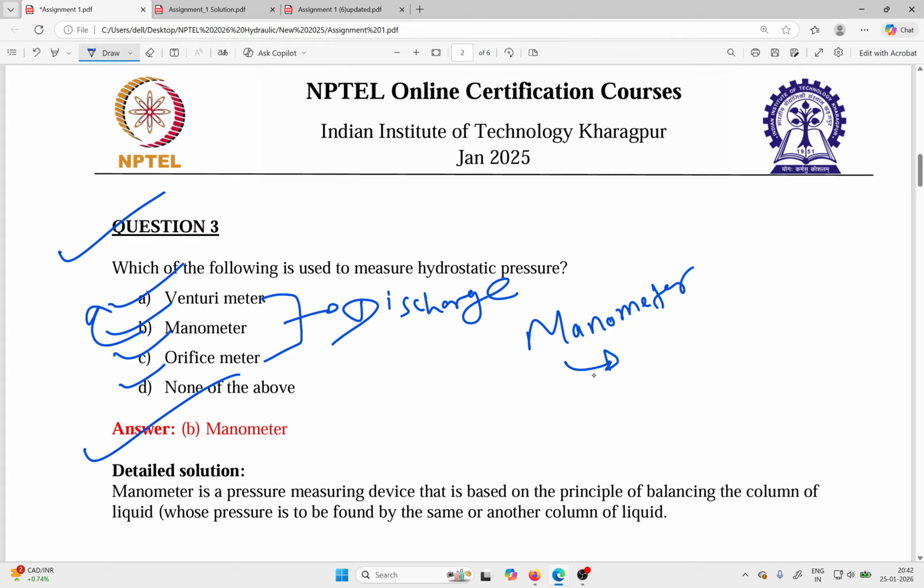Manometer principle is the balancing of the column of liquid whose pressure is to be found by the same or another column of liquid. So hope you understand, because once we solve the problem on manometer, you will definitely understand this.